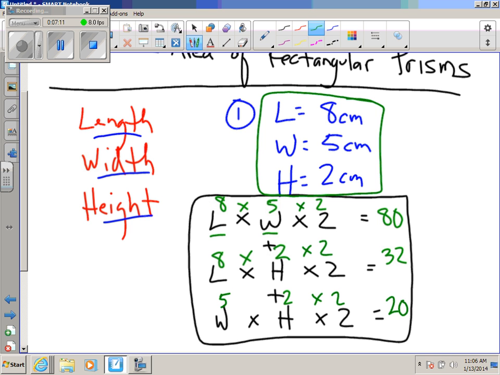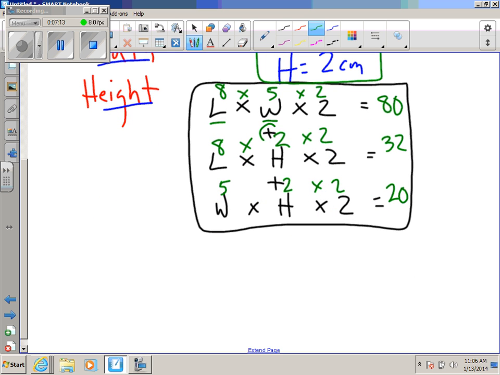So now what we'll do, since we are adding all of these, 80 plus 32 plus 20, 0 plus 2 plus 0 is 2. 8 plus 3 is 11, plus 2 is 13. How are we going to label this if this is surface area? Moriah, centimeters squared.